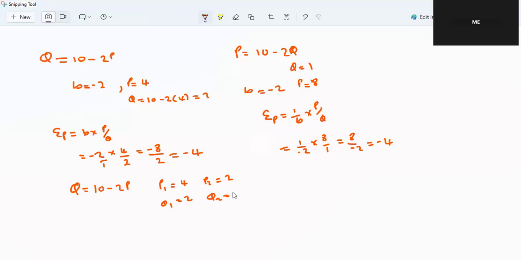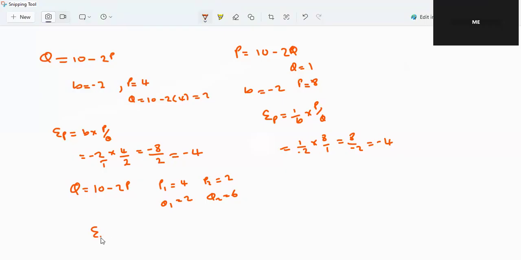Are we together so far on substituting? I was a little bit faster so that I don't take much of the time in basic calculations. Don't abuse the calculator on some things. Then we calculate our arc price elasticity. Arc price elasticity is given by Q2 minus Q1 over average quantity, divided by P2 minus P1 over average price.